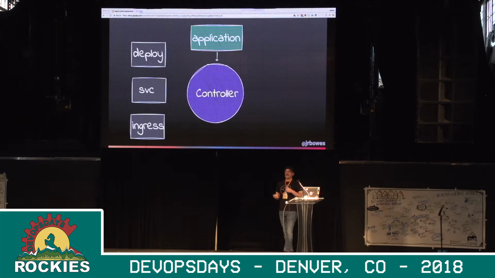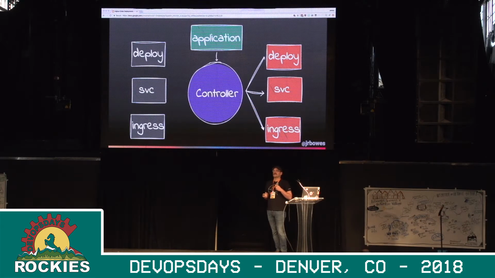So for us, it's a deploy and a service and an ingress, because most of our services are exposed externally. So with these parts, it can then say, all right, what's the state of the actual system? And then it can go and create those, right? So we wrote all of ours in Go.